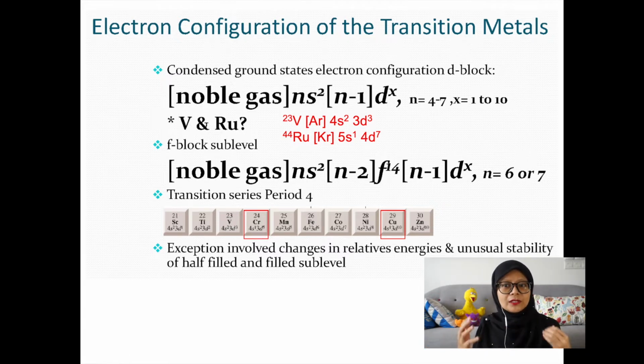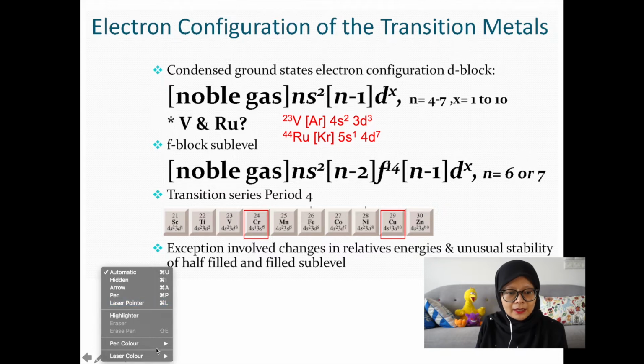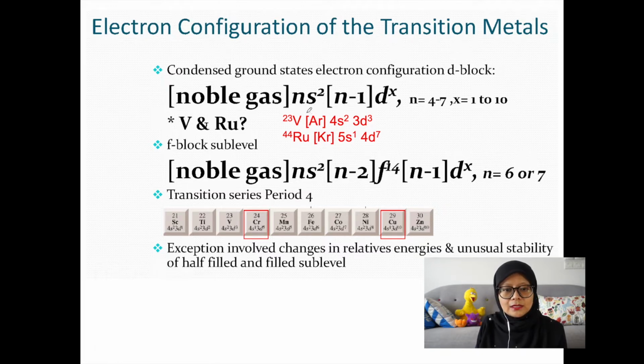As you know, the transition metals usually have what we call partially filled d orbitals. Here we have two examples, vanadium and ruthenium. Vanadium has atomic number 23, where the closest noble gas is argon, Ar.